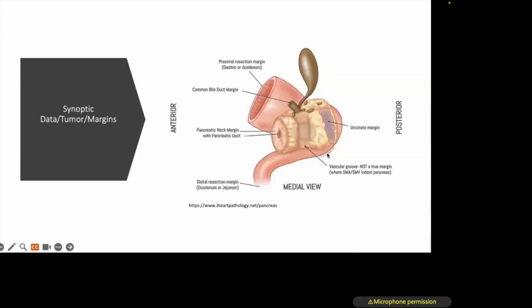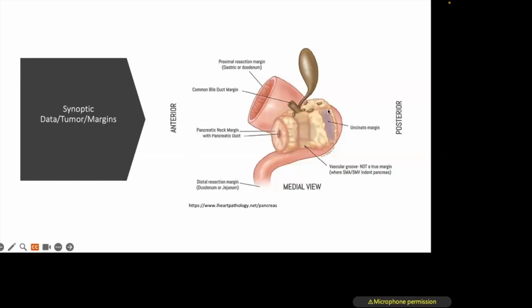So recently, there has been great debate whether we call the posterior surface or the anterior surface a margin. So the anterior surface is a surface and it's not considered a margin because there's no dissection involved. It's just resting in the abdomen and can be easily pulled off.